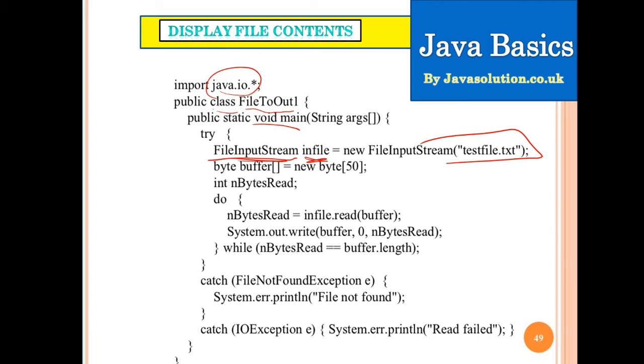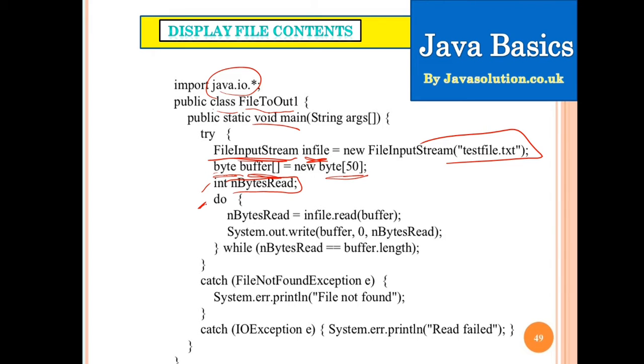Then I'm creating a buffer, an array of bytes of size 50, and initializing the int which is going to hold the number of bytes read. Then I'm using a do-while loop.